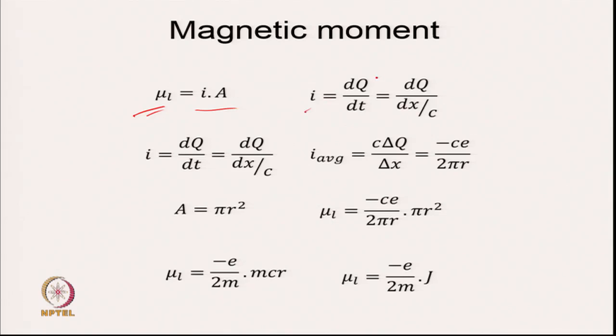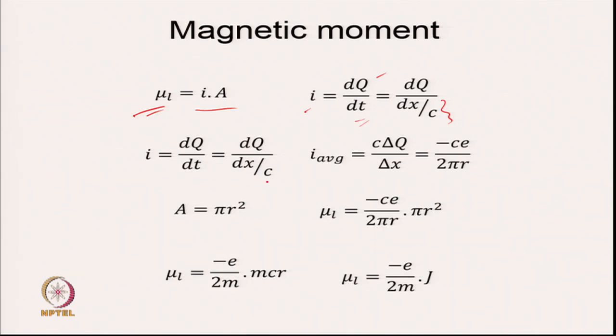And what is I? I is dq by dt, change in charge with respect to time. And what is dt? Time is distance by velocity, so this is dx by c. So, I will be written as dq by dx by c.